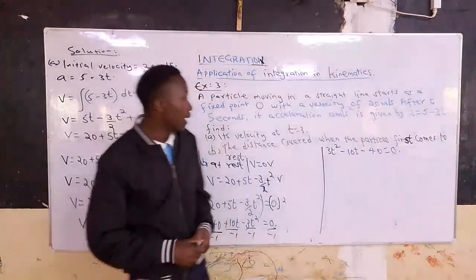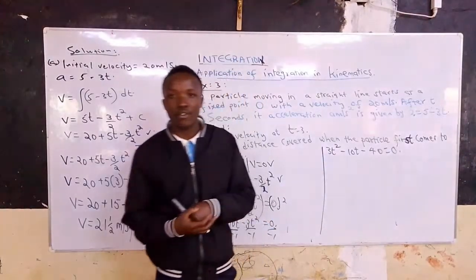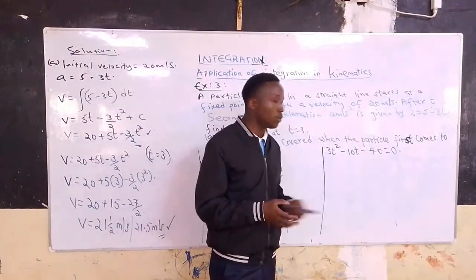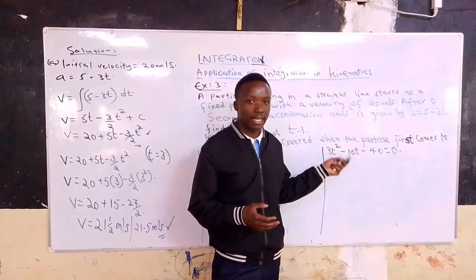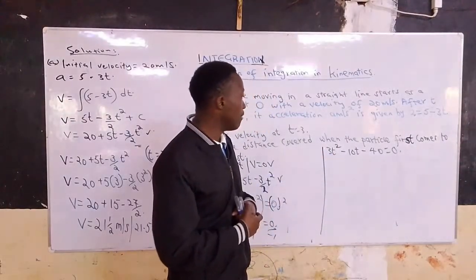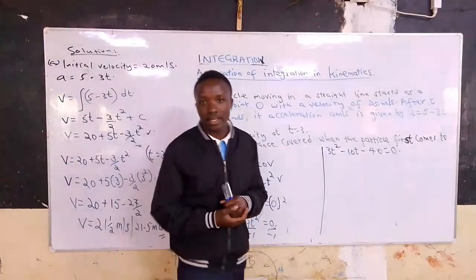At least when a quadratic equation is written in this manner, it's easier for us to solve and determine the value of t. So by having that, we can now continue and determine the value of t.